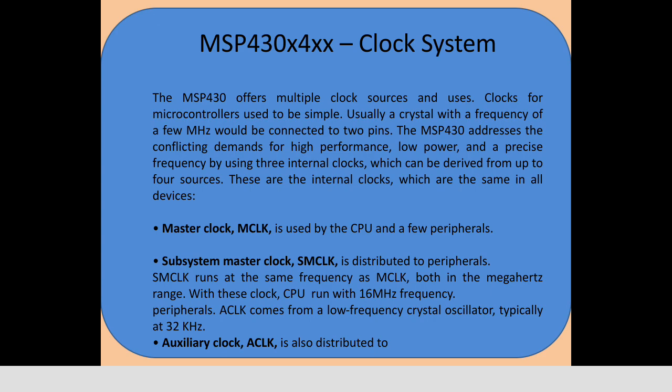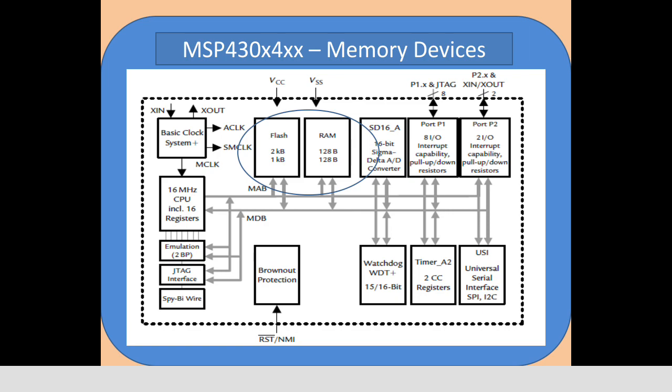The master clock is used for the CPU, which can provide the highest frequency, in terms of megahertz. The subsystem master clock provides a clock for the peripheral devices only. Same as the master clock, the subsystem master clock also provides a frequency in terms of megahertz. The auxiliary clock is distributed to the peripherals only.